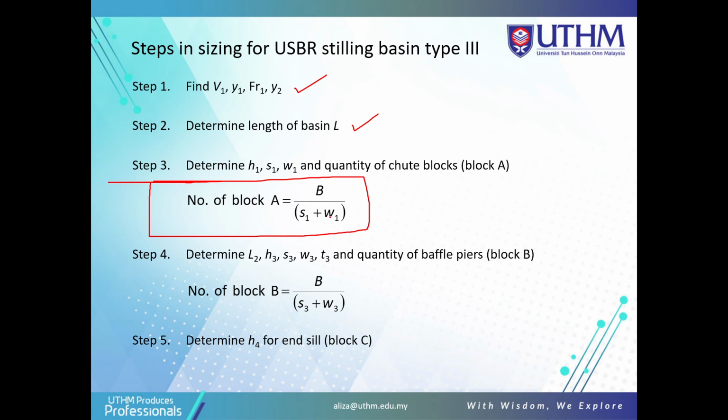This formula is given. The number of block B is also the same, B divided by S3 plus W3. Then determine the H4 for the end sill. So those are the 5 steps to design stilling basin type 3.